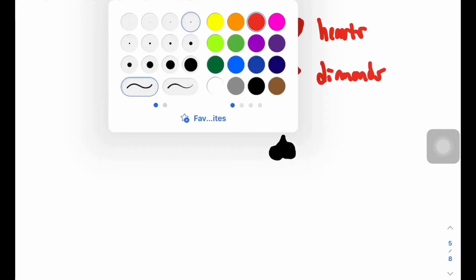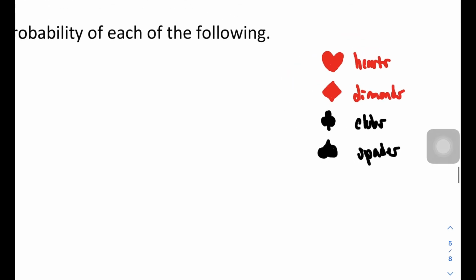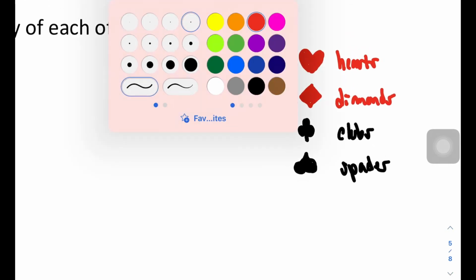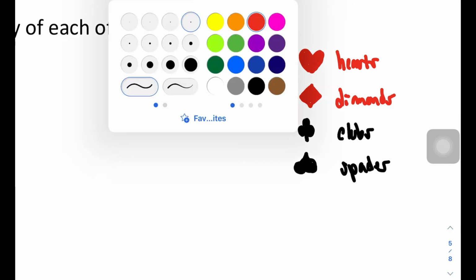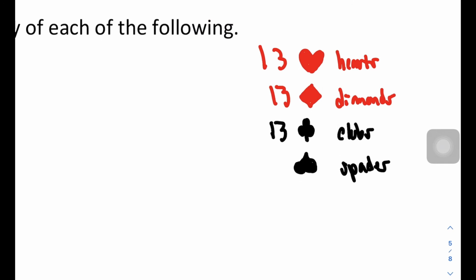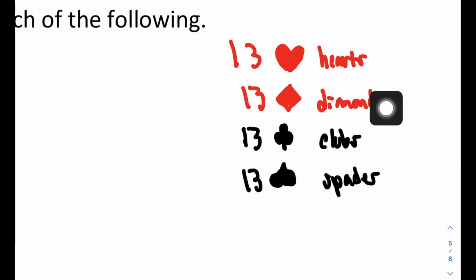So these are hearts, diamonds, clubs, spades. And we actually have 13 of each of these. We have 13 hearts, 13 diamonds, and so on, for a total of 52 cards.